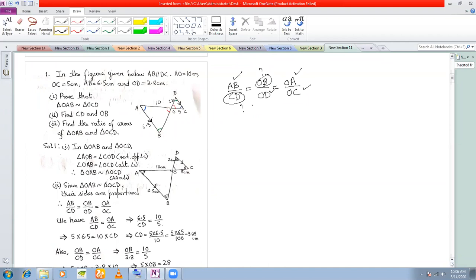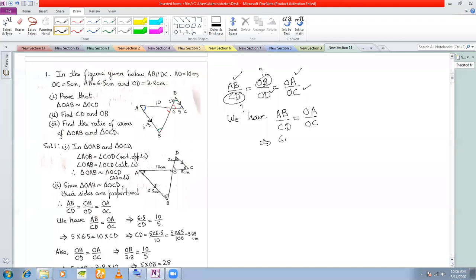So everything is given. So if we are to find CD first, which two equalities will we consider? So we consider the first and the third one. AB by CD, that is this first equality, is equal to OA by OC. So write down the values here.